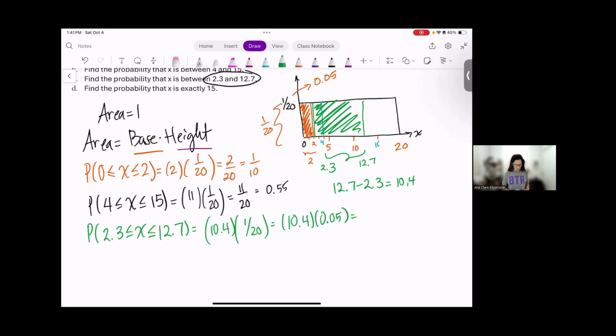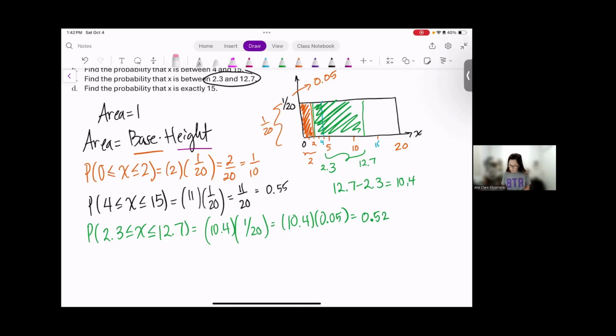So 10.4 times 0.05 gives me 0.52. That's about 52%. So one thing you should note is whenever you're doing these calculations, your values should always be between 0 and 1 because we're talking about probabilities. We don't have negative probabilities and we don't have more than a whole. We can't be bigger than that rectangular box.